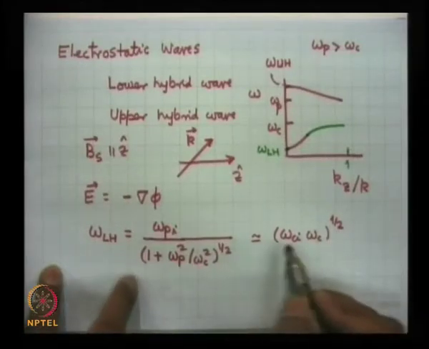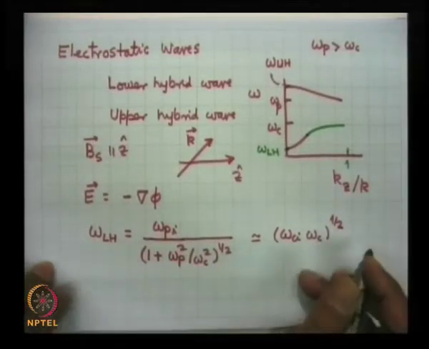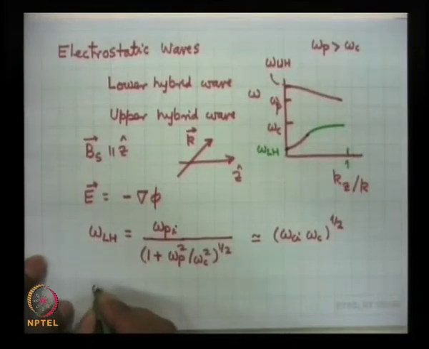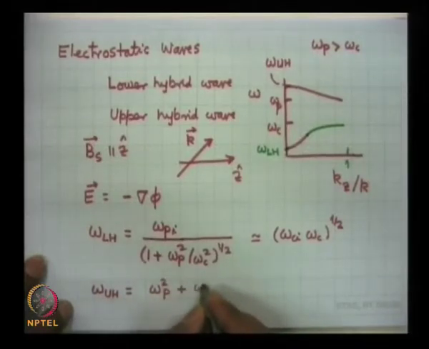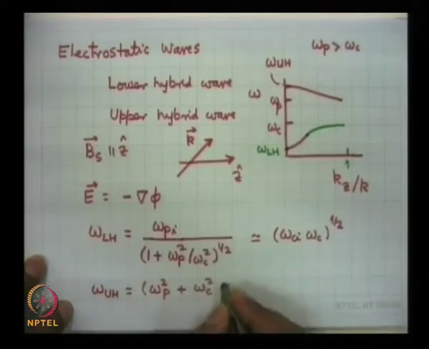So, this is the hybrid between the two frequencies, whereas the upper hybrid frequency omega UH is equal to the square root of omega p square plus omega c square.